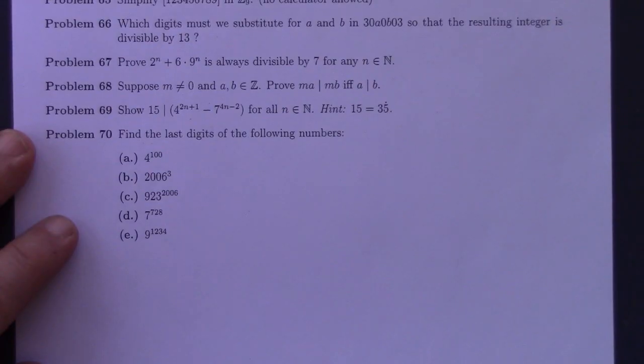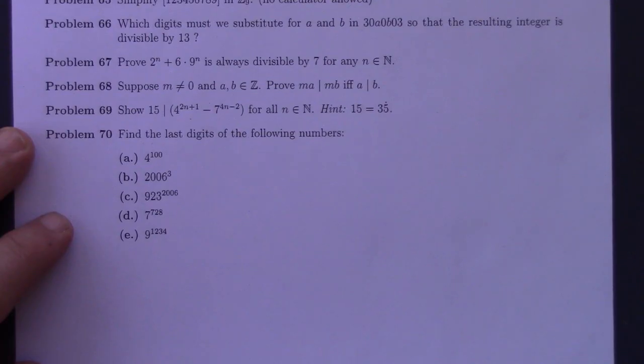So A and B are variables, so you've got 100 things to check. But I was able to use modular arithmetic to simplify it down to a question where I could just check 10 things and solve it that way. But there may be an easier way to do it.